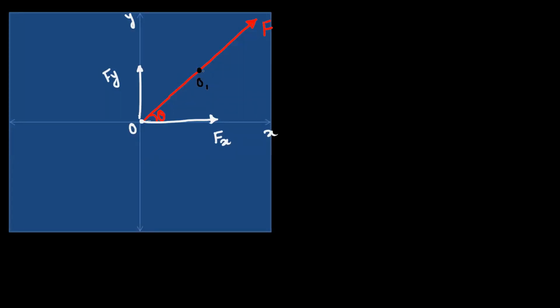Just draw the vector parallel to x axis, and draw the second vector parallel to y axis. So this becomes the x component and this is the y component. As this angle is theta, so this angle will be theta. So we can show the resolution like this.